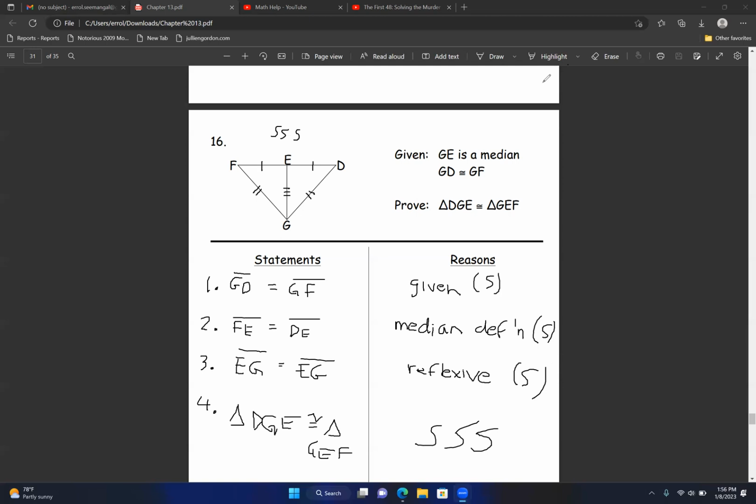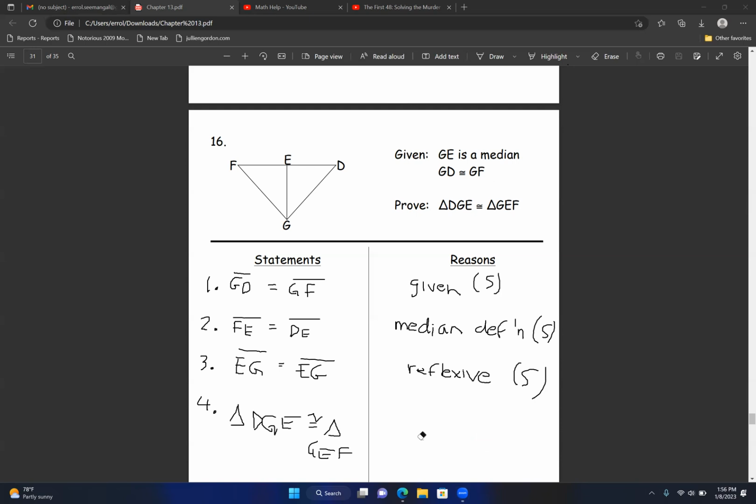So take a picture of that one. Any questions on that one? You might come across one. The one that we didn't do was angle, angle, angle. You'll probably see that in the homework questions. What else did we do? We saw ASA, we saw SSS, and SAS.